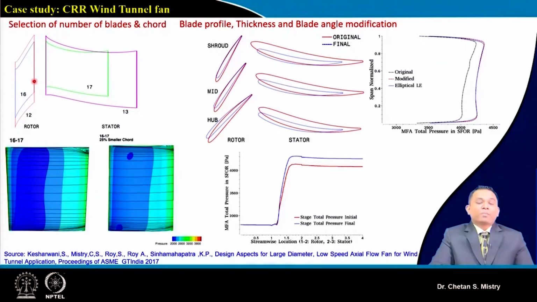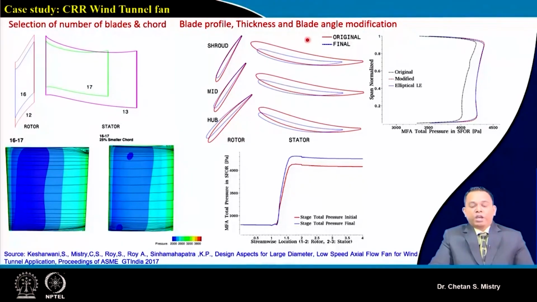Based on a number of iterations, we have come up with a combination of 16 and 17 blades. This is a design we discussed in week 11, and we have explored our computational study, and that is giving the best performance in terms of what we are expecting.